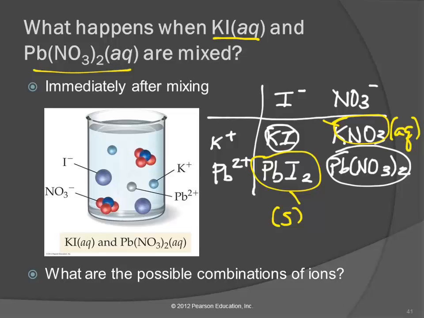If you had two non-toxic things combining and forming a toxic thing, there would be some, maybe not a precipitation reaction, but some other type of reaction that would occur. And there are definitely other types of reactions that could occur when you mix these things. But right now we're just talking about precipitation reactions.